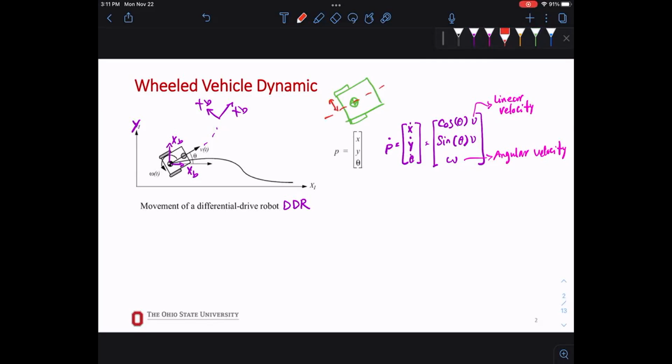If that's the axle, each wheel is b from the center of the car. And if the radius of the wheel on both sides is r, I can say the linear velocity here is going to be r phi dot L, and r phi dot R. So this is the left wheel, this is the right wheel.